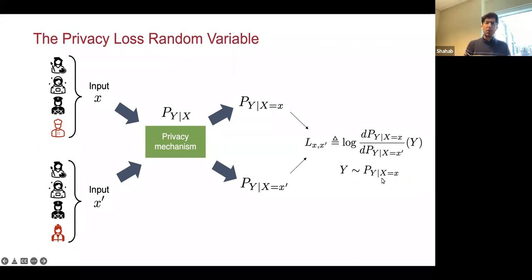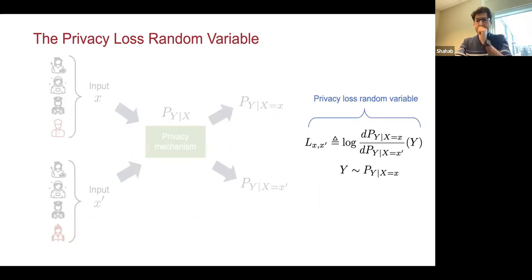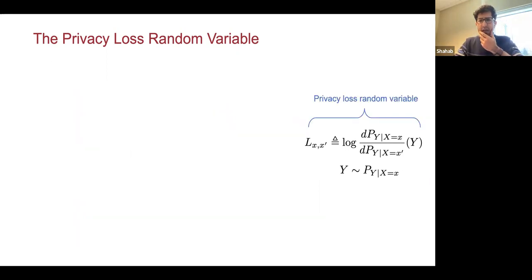This is the log likelihood ratio, but in the DP community, it's called the privacy loss random variable. And this is at the heart of almost any variant of differential privacy. You can come up with an equivalent expression for almost any variant of differential privacy in terms of the privacy loss random variable.